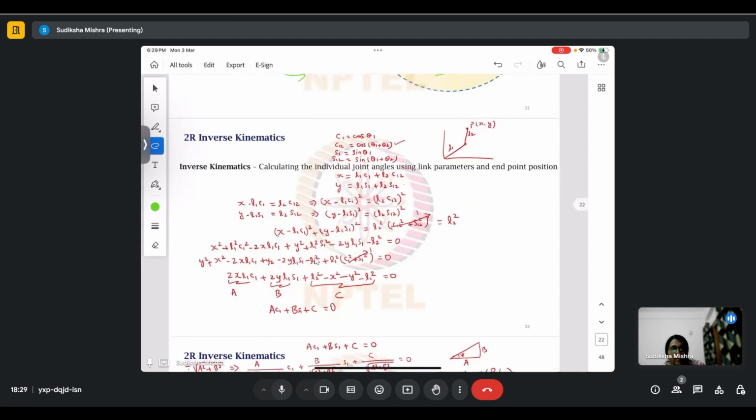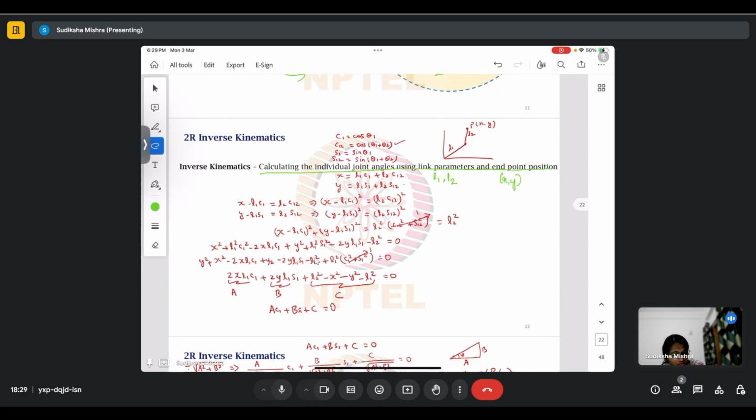Okay, now we know what we get from forward kinematics. Now coming to inverse kinematics, which is basically calculating the individual joint angles using link parameters and endpoint position. So you know L1, you know L2 in a 2R system, you know x comma y.